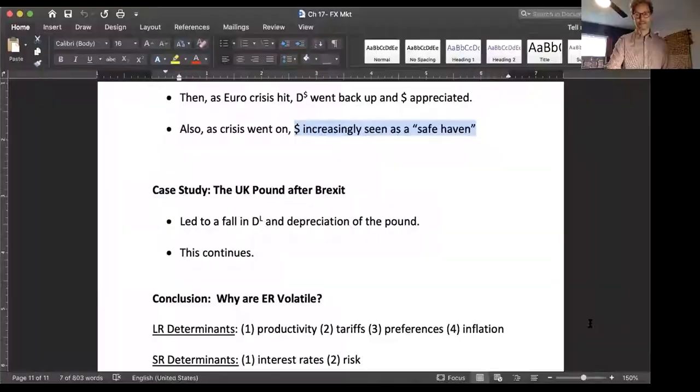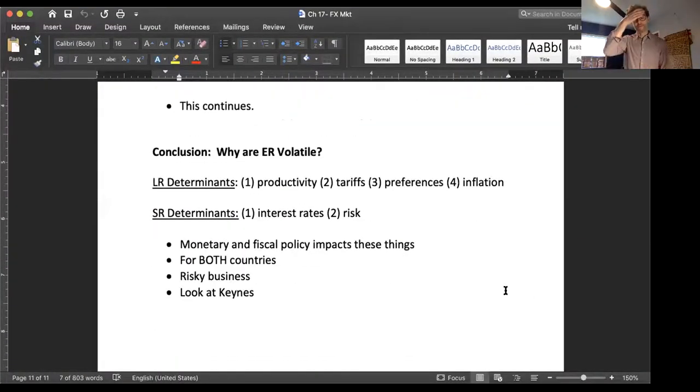So just to summarize this, listen, exchange rates are very, very volatile, right? Having 20% movements in the exchange rate like we just have seen during this pandemic happens all the time. And they're volatile because there are so many things that impact exchange rates. Exchange rates are determined by the things that impact them in the long run, like productivity and tariffs and preferences and inflation.